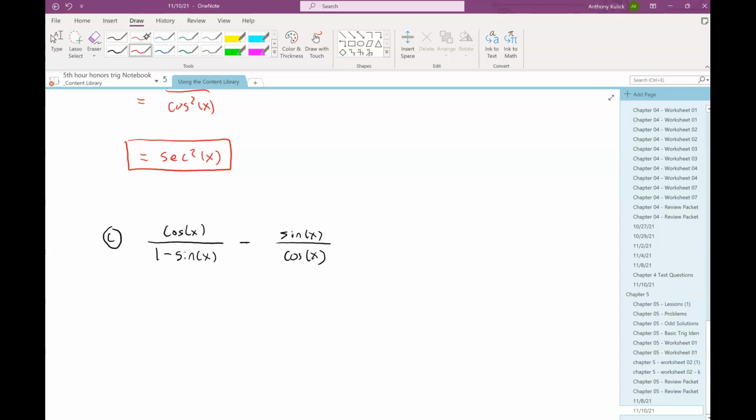What do you think? Wouldn't it just be 1 minus sine x times cosine x? Right? Just the product of the two denominators would be the common denominator in this case. Sure it is.